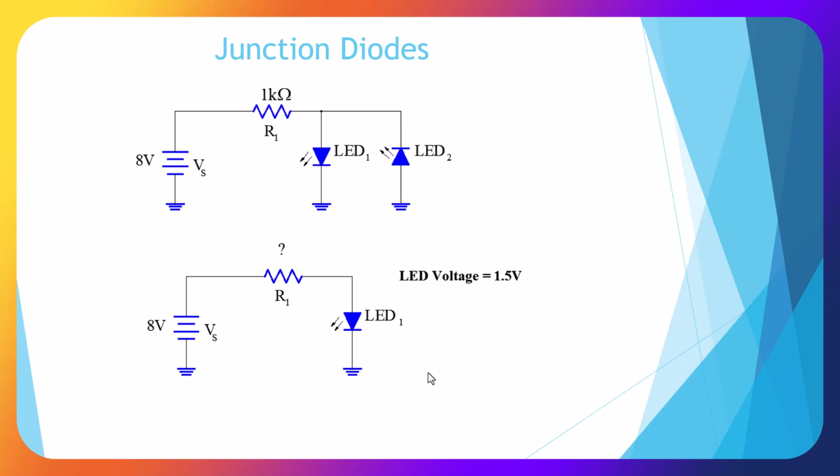If we want to calculate a circuit for this, we're going to use the forward bias voltage, and 1.5 is fairly reasonable for an LED. So we're going to take our 1.5, subtract it from the 8 volts, and then we could calculate what series resistor we need in order to make this LED work. The more current, the more brightness, to a limit.